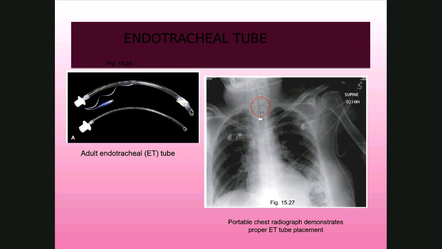So that is a portable x-ray. It's not the greatest picture, but when it's portable like that, it's usually because the patient's sick. You can see the EKG leads on the patient coming across all these lines. I don't see an oxygen line, but definitely ECG leads on the patient.